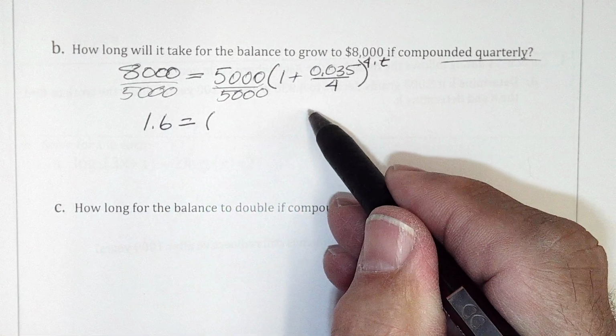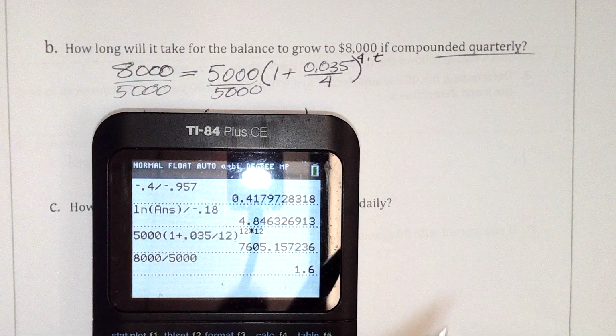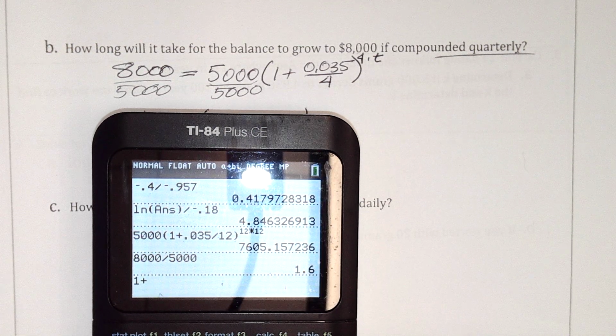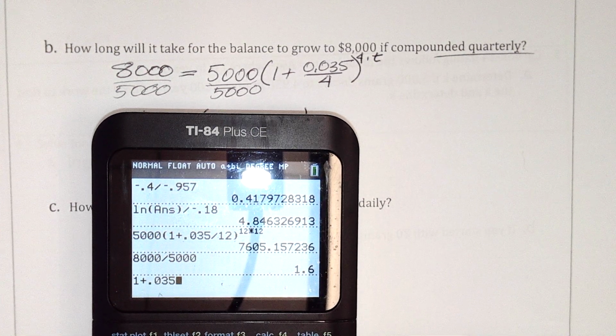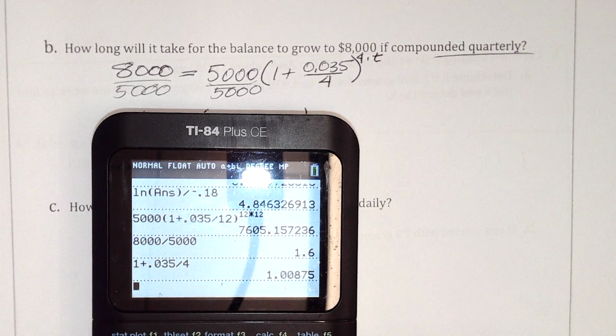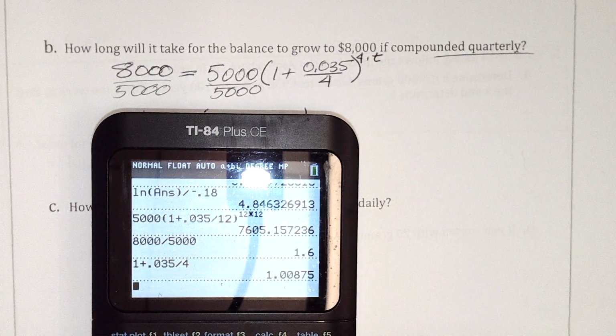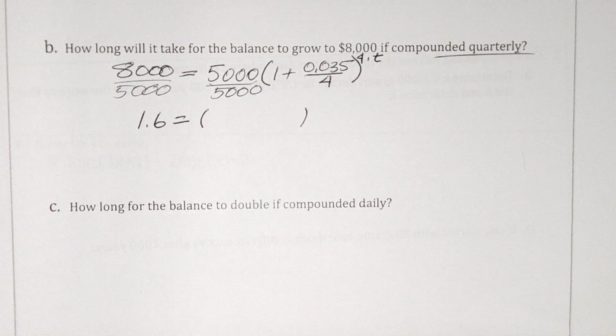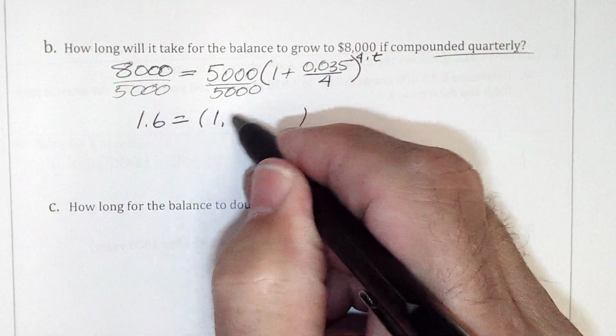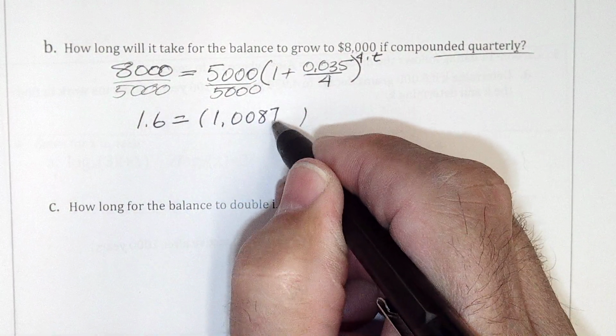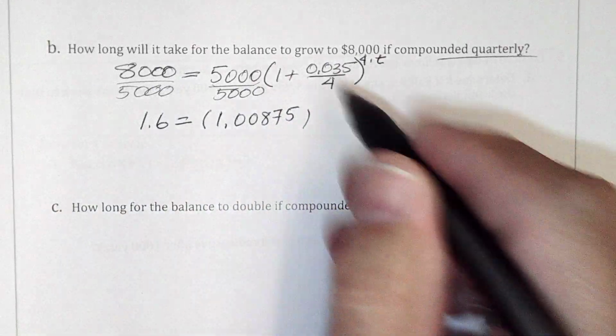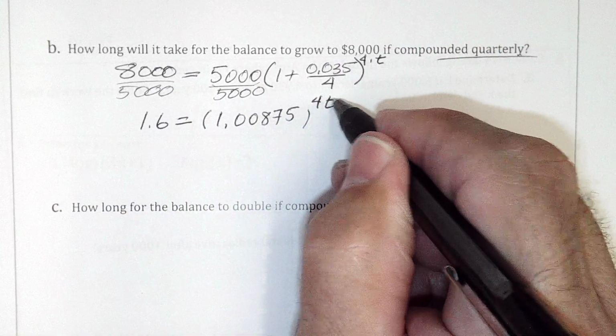And what is this base? 1 plus 0.035 divided by 4 is 1.00875, to the 4t.